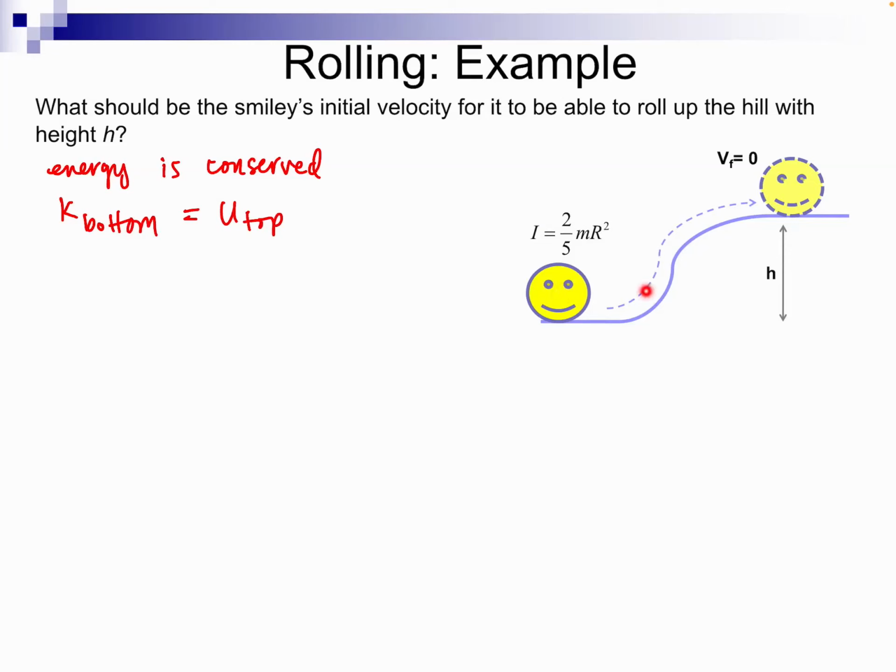The smiley rolls, so your kinetic energy should be a combination of the rotational kinetic energy, moment of inertia of the center of mass times angular speed squared, plus the linear kinetic energy of the translational motion, 1/2 mv squared. So that should be equal to mg times the height of the center of mass.